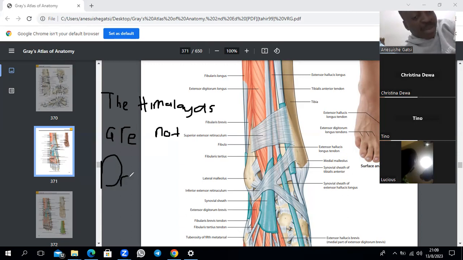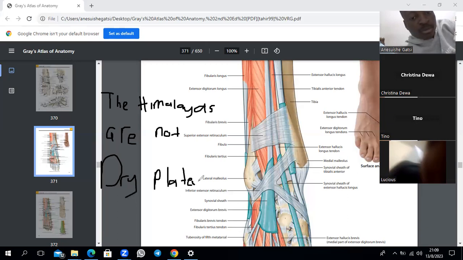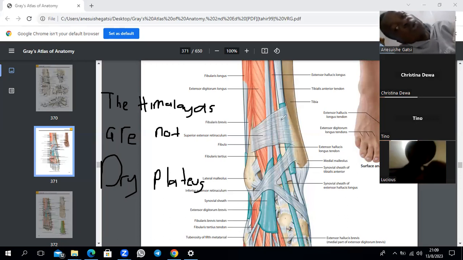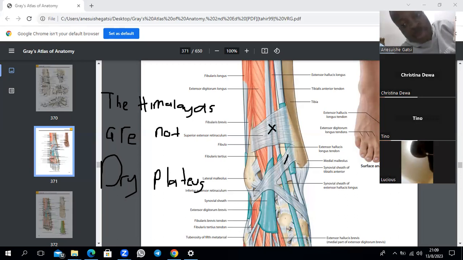My handwriting is bad. Don't worry about it. This is from medial going to lateral as structures pass below the extensor retinaculum. This is the superior extensor retinaculum, the one that I've put an X. Then this one that looks like a Y, that's your inferior extensor retinaculum. Right. So arrangement of these structures as they pass below it.